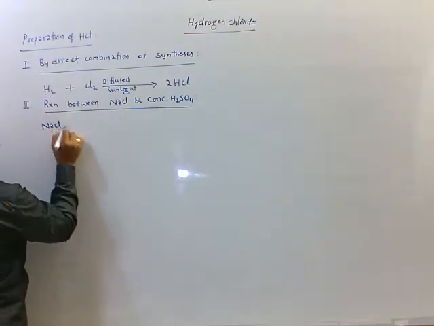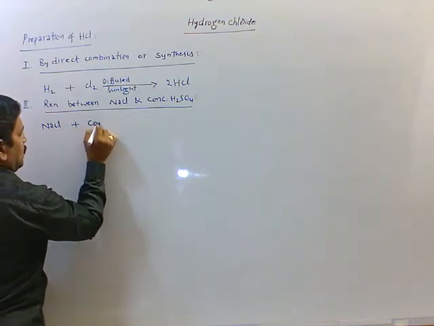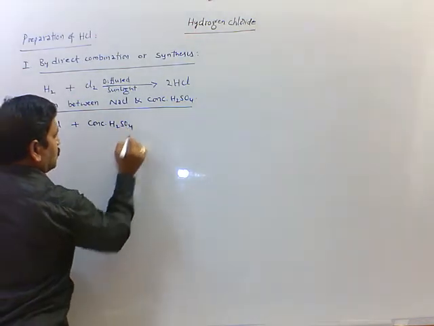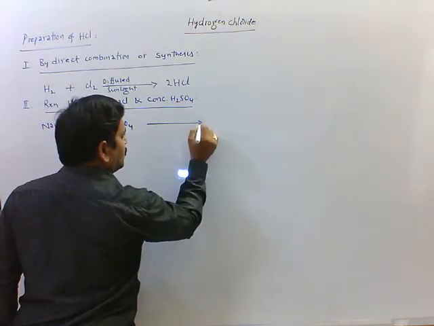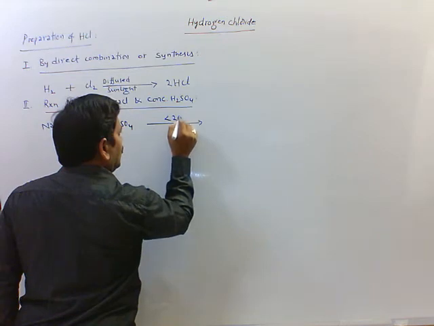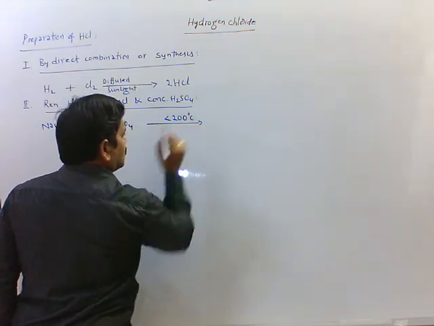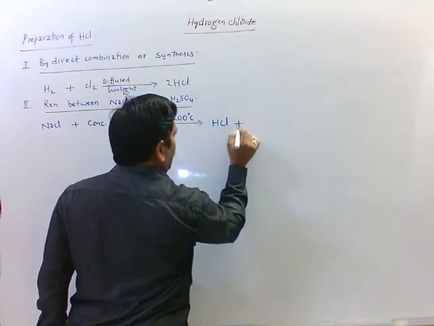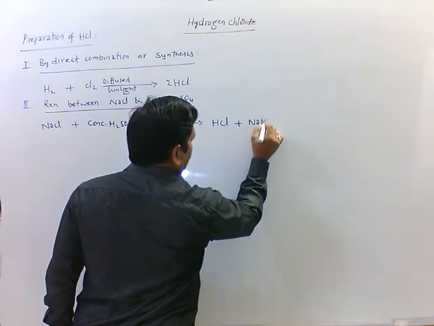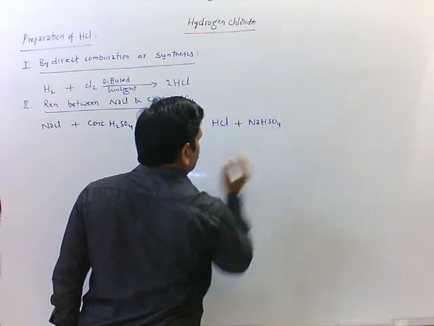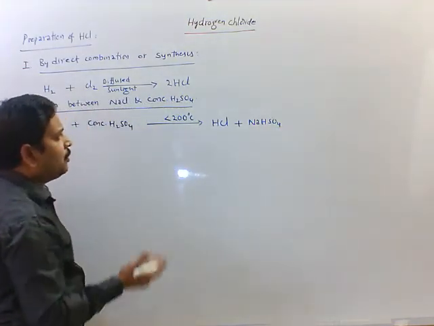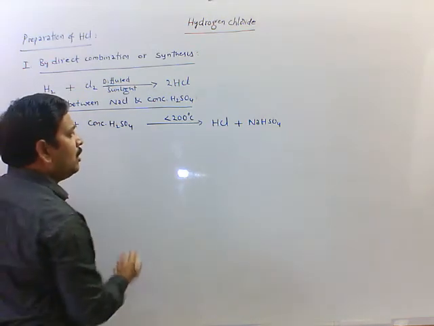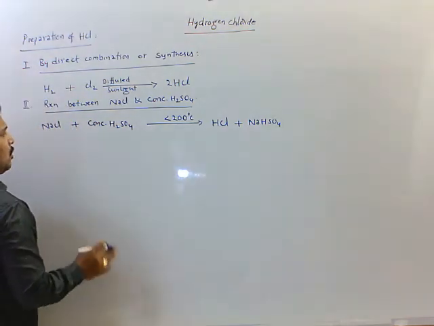Sodium chloride plus concentrated sulfuric acid H2SO4, temperature below 200 degrees Celsius, we get HCl and sodium hydrogen sulfate. If we are using more than 200 degrees Celsius, we get sodium sulfate and 2 moles of hydrogen chloride gas.